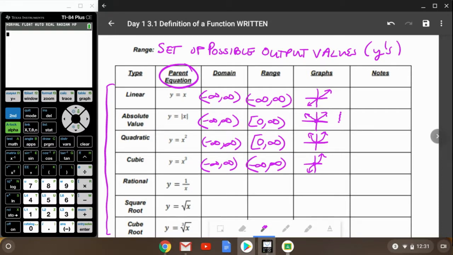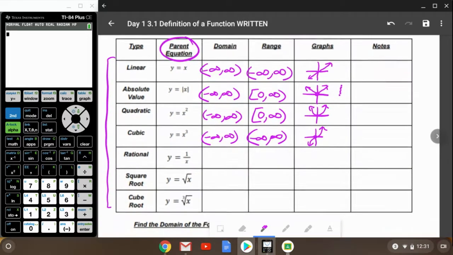Okay, rational. Now we're going to get to a little bit more interesting functions. We know that the rational graph, if you remember, we cannot have 0 in the denominator. So therefore, x can't be 0. So you have a vertical, right? You have a vertical asymptote. There's a little note there for you, vertical asymptote.